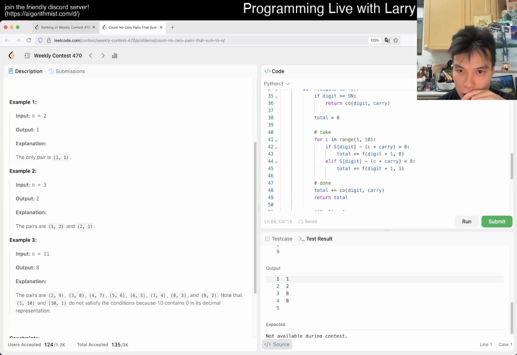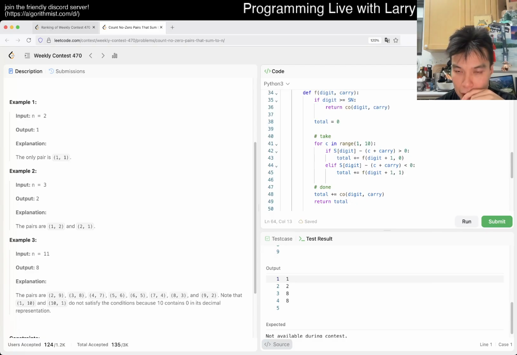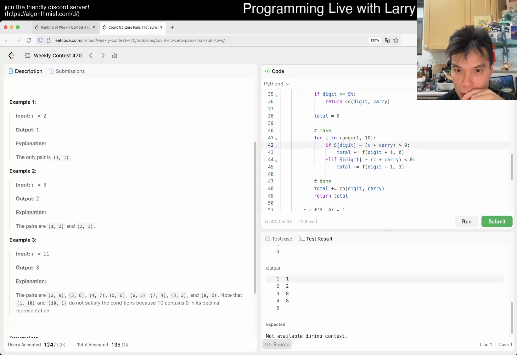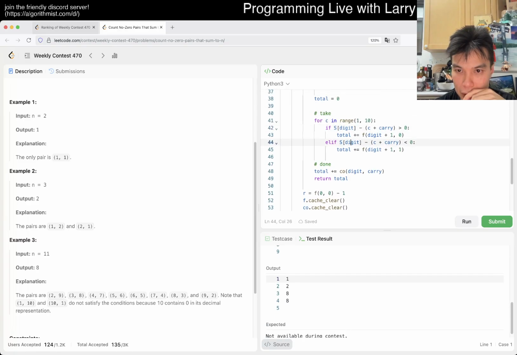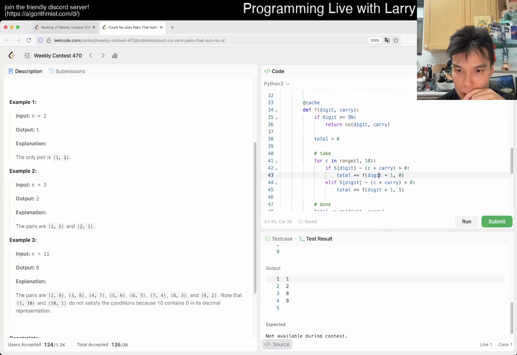So then I do a 1. Okay, right. And because 1, no carry, 1 minus 1 is, what was it called? 12 minus 1. So 2 minus 1 is greater than 0. So then now digit plus 1, right? And then now digit plus 1 is going to be the extra one. Now 1.